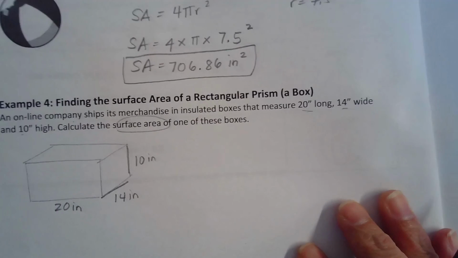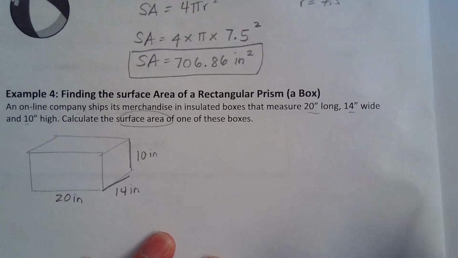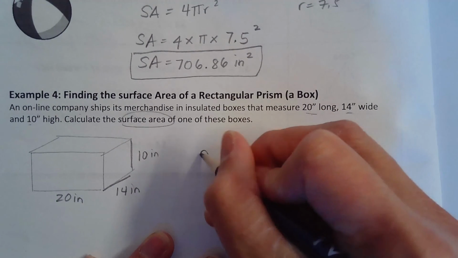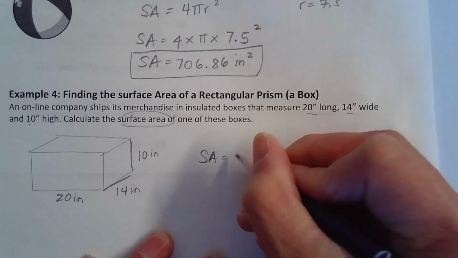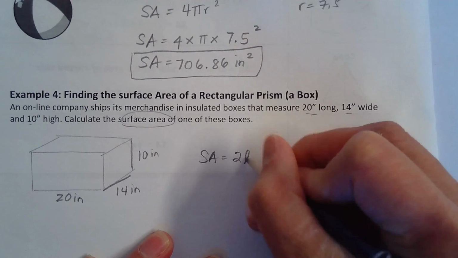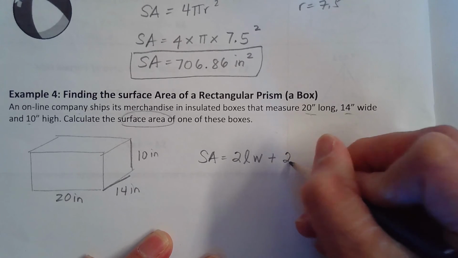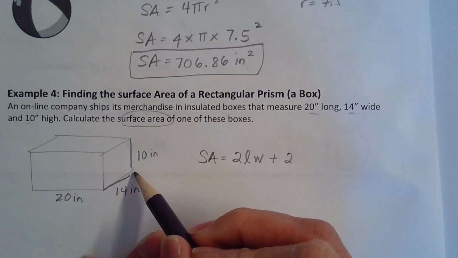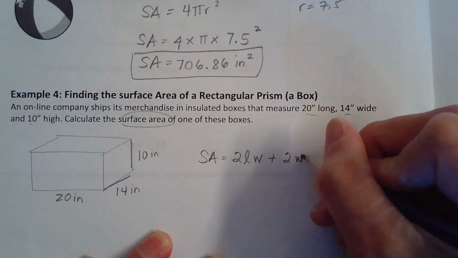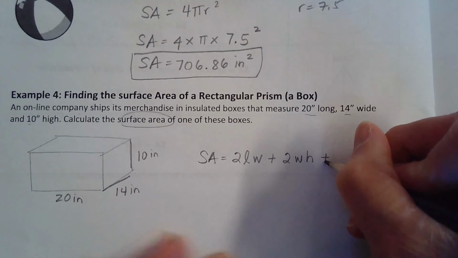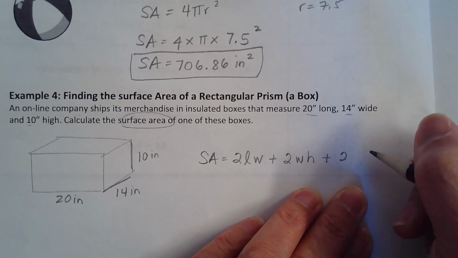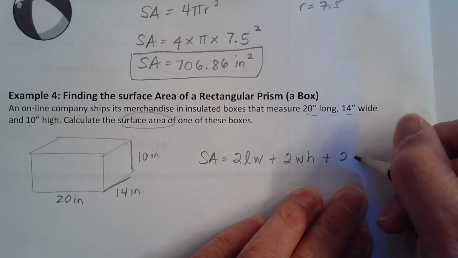So how do we calculate the surface area? What's the formula? SA equals 2 times length times width plus 2 times width times height plus 2 times length times height.